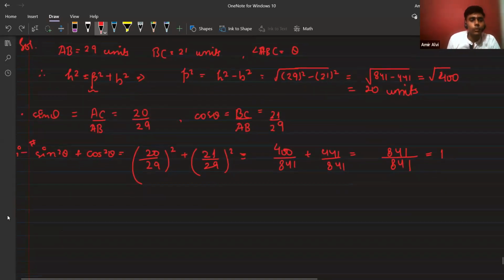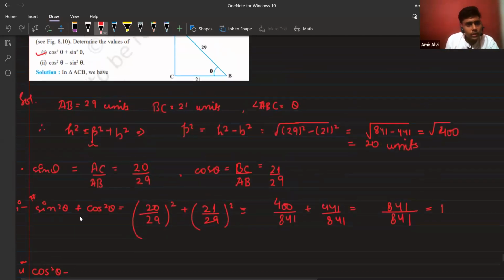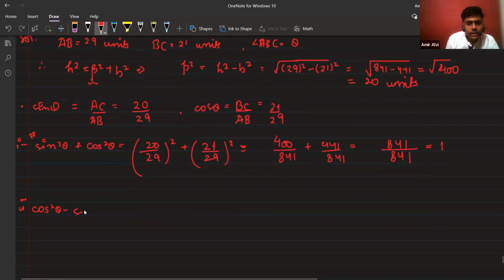What is the second one? We have to find out cos squared theta minus sin squared theta. Please let me know what would be the answer. Cos squared theta is (21 by 29) squared minus (20 by 29) squared.